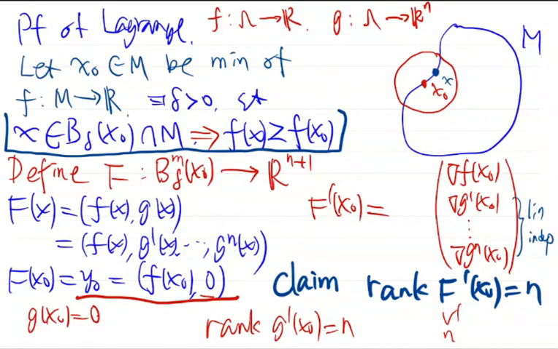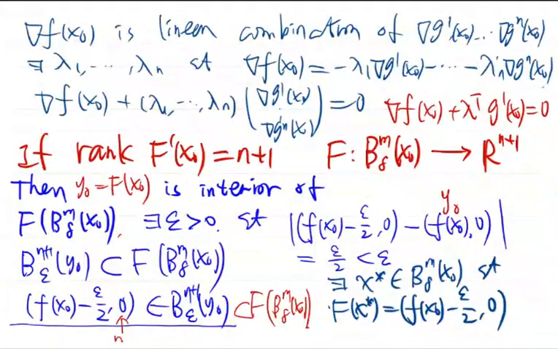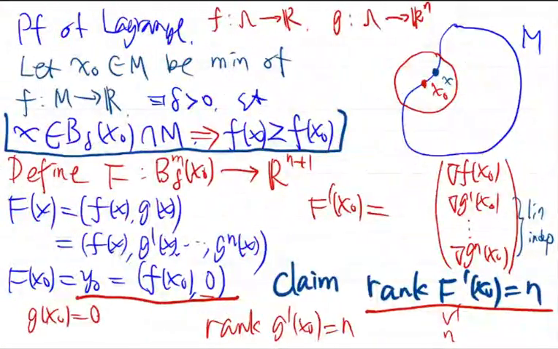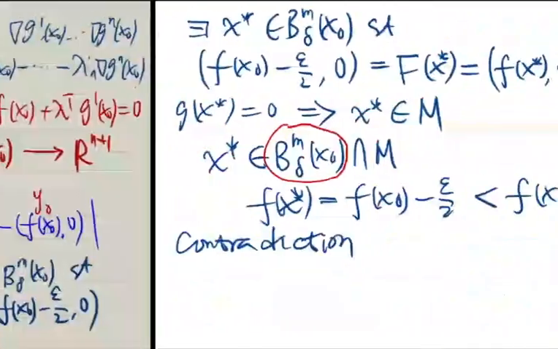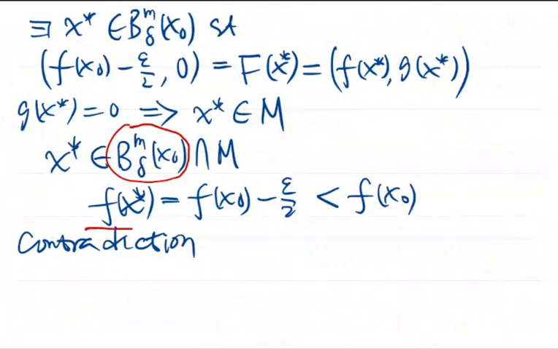But now, if the rank of this matrix is n plus 1, using our latter argument, we can find the point x star in the intersection, but the value of f(x star) is strictly less than f(x0). So this is a contradiction.